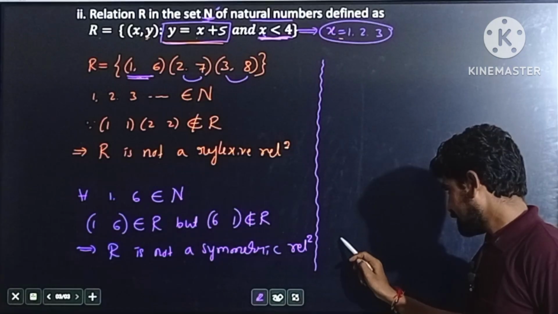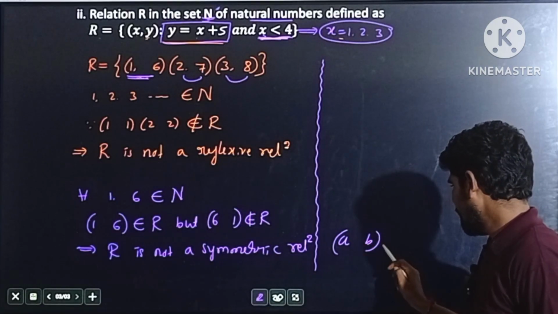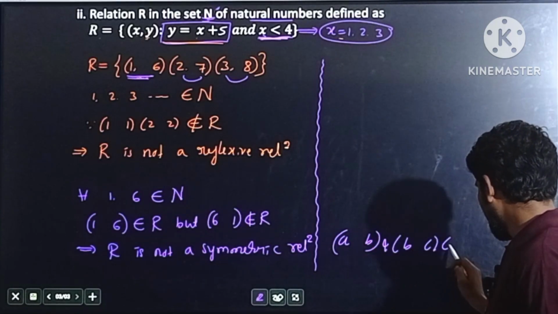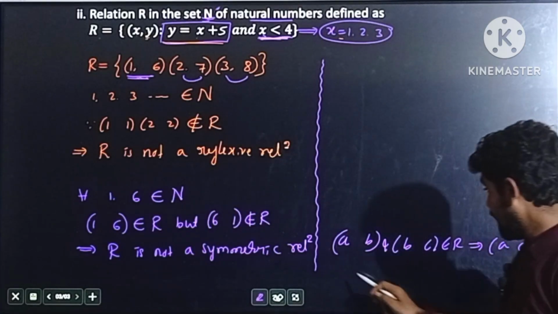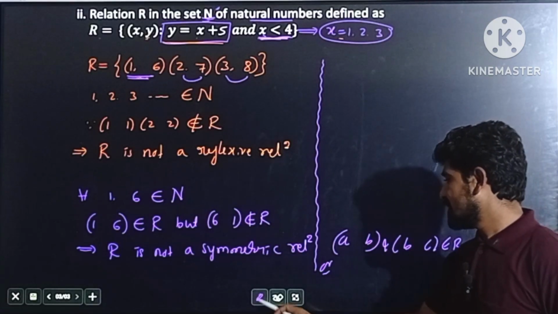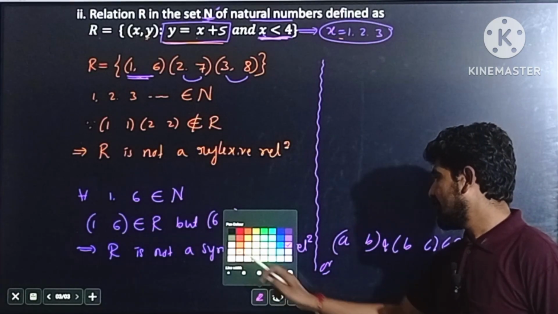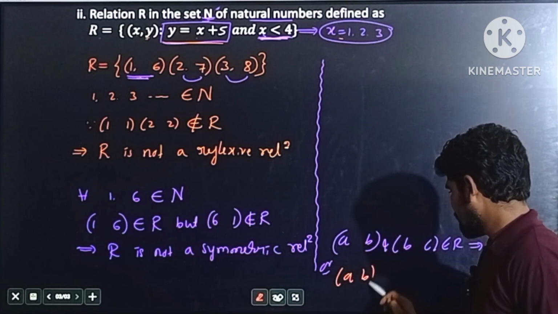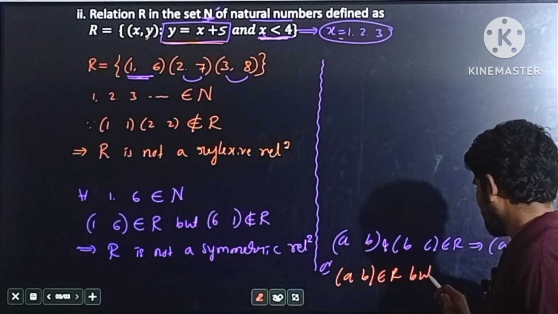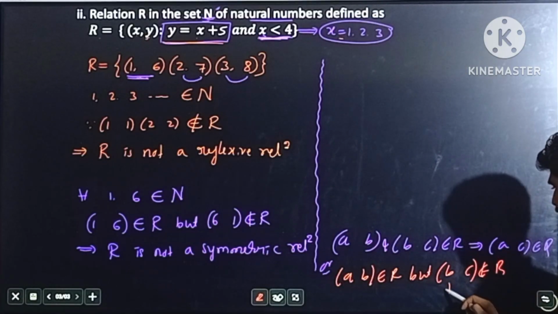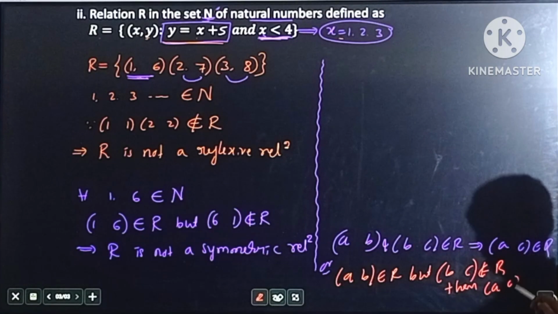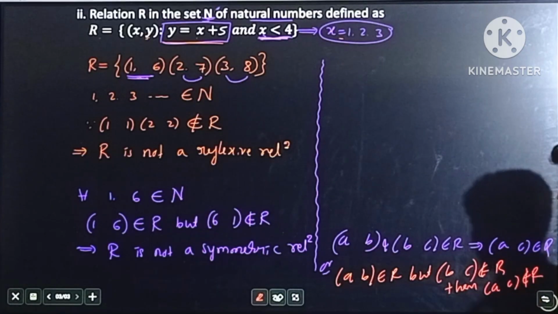So we know that if the pairs (a,b) and (b,c) are in R, then there must exist a pair (a,c) in R. Or you may define the transitive relation in other words: if the pair (a,b) belongs to R, but the pair (b,c) does not exist in R, then there is no need to check the pair (a,c), because there is no chance. If the pair (a,b) is in R but (b,c) is not in R, then definitely (a,c) does not belong to R.